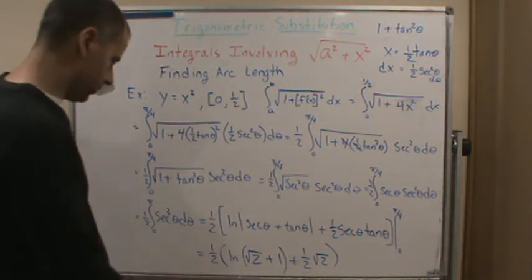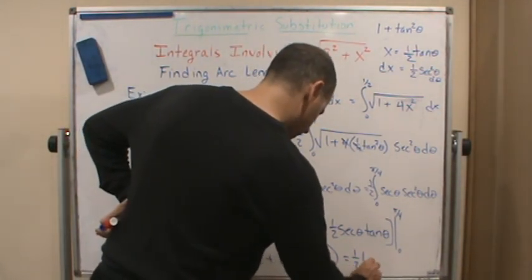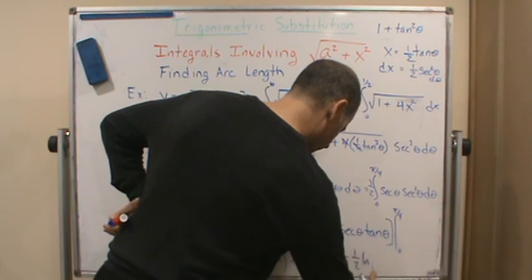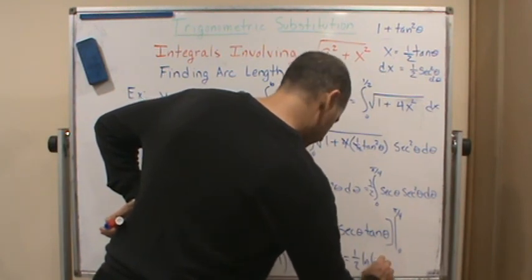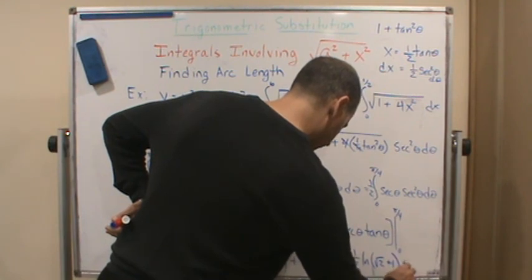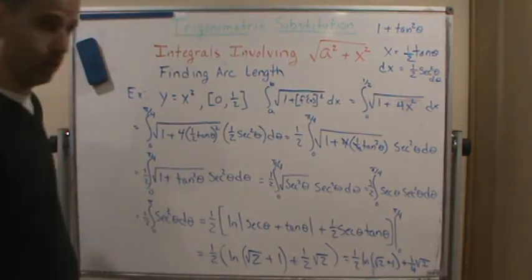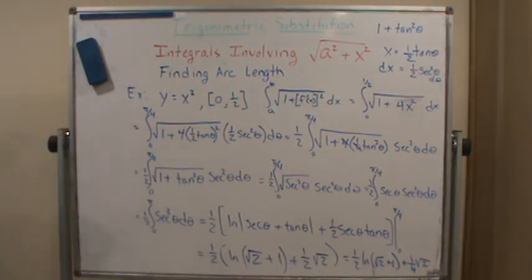And so the final answer becomes 1/2 natural log of square root of 2 plus 1, plus 1/4 the square root of 2, or square root of 2 over 4.